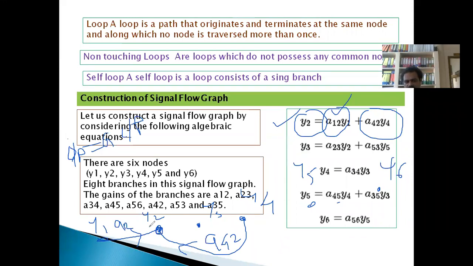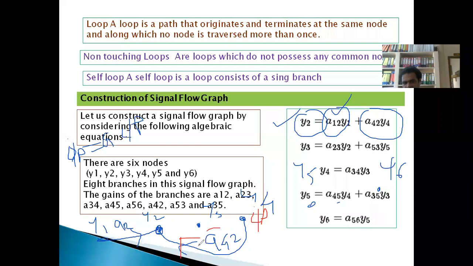Okay. So Y2 is the final output. This Y2 is because of Y1 into A12 and Y4 into A42, so we have to show the direction of the arrow in this particular fashion. This is the input.